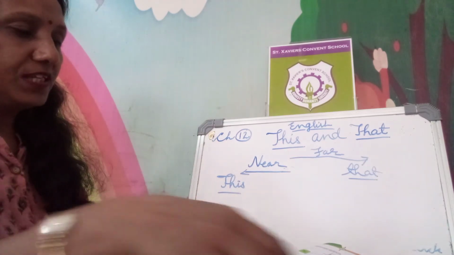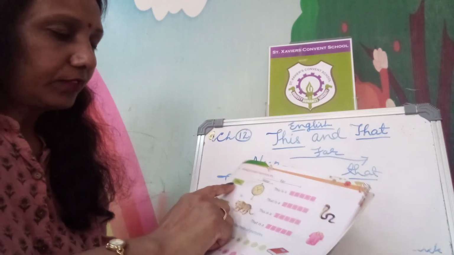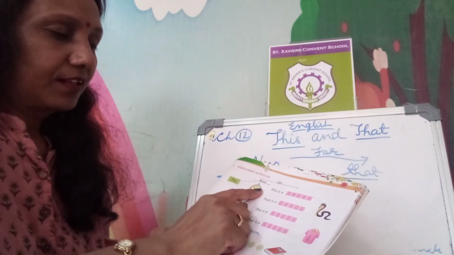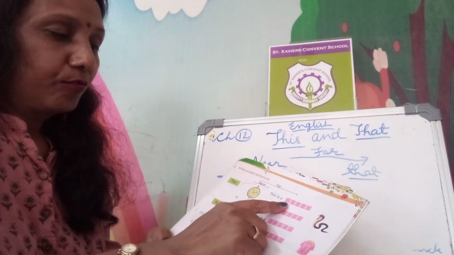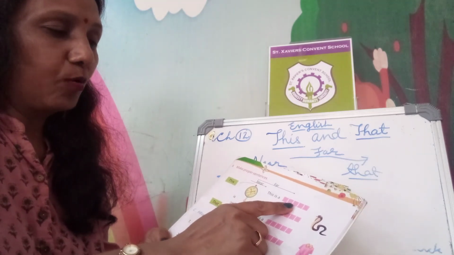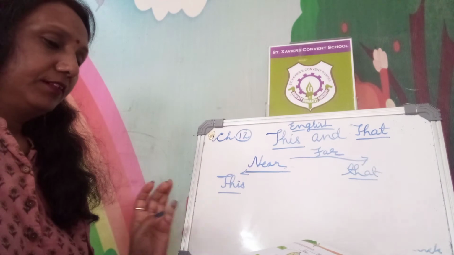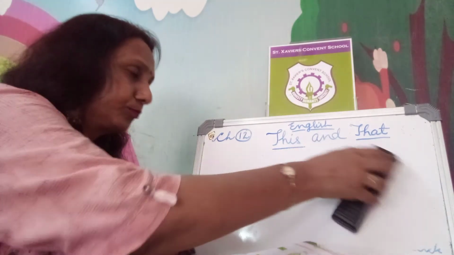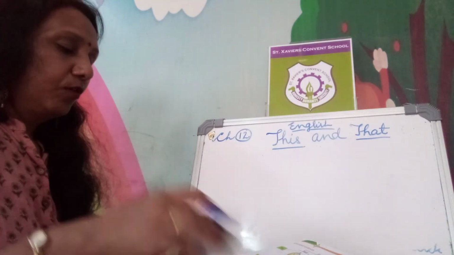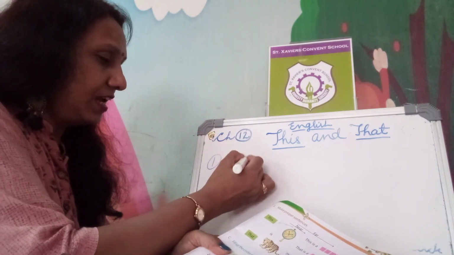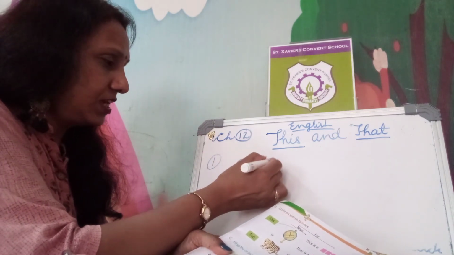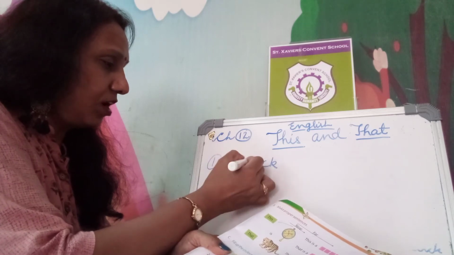Okay? Here you see, this is a clock. CLOCK. This is a clock. क्या लिखेंगे? First you will fill the spelling of clock. CLOCK. This is what? A clock.